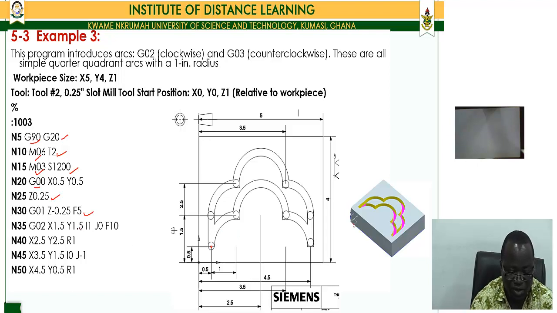Then it does a G02 X1.5 Y1.5, and then we have the center of the arc given as I1 J0. Now let's look at it. The end position of the arc is here, X1.5 and Y1.5.